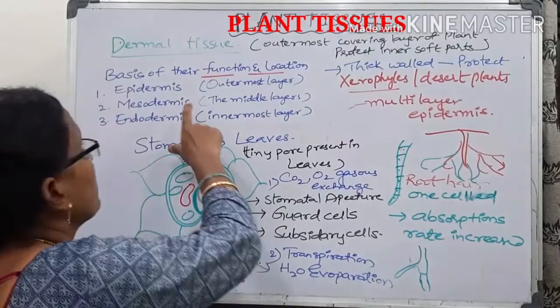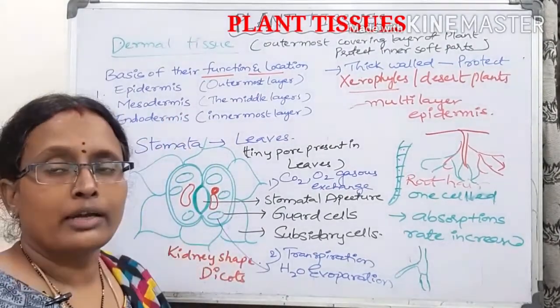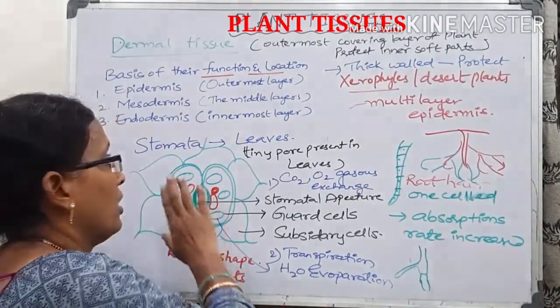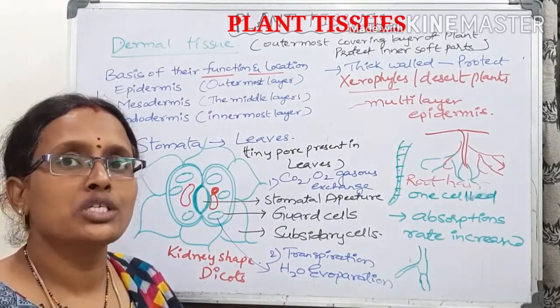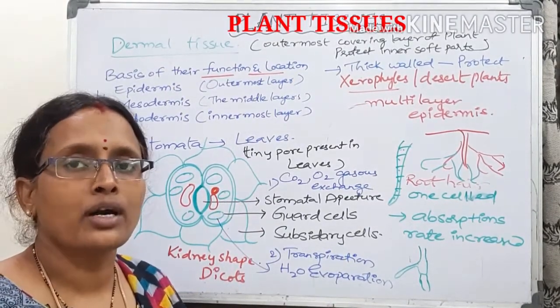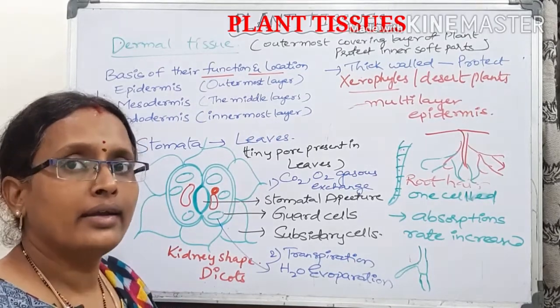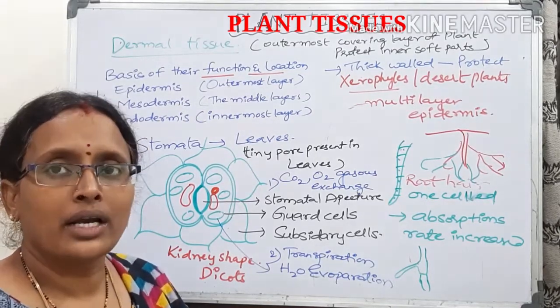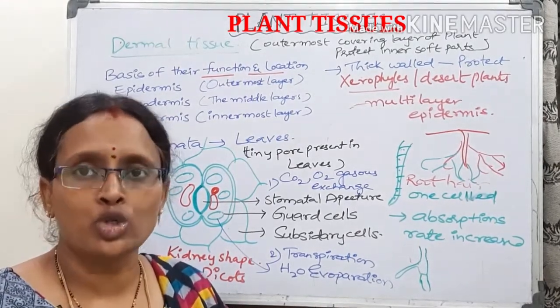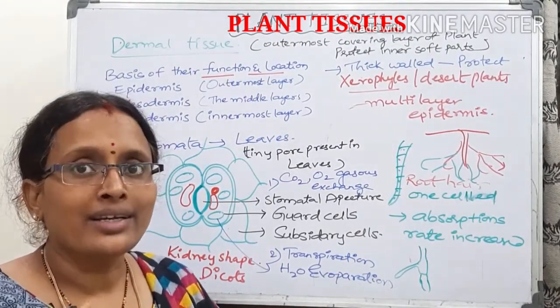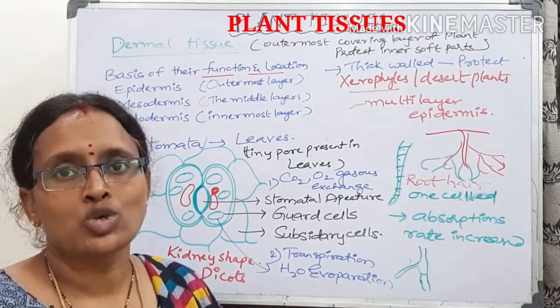So we are talking about epidermal tissue. Dermal tissue is the covering layer which protects the innermost parts of plants, and it is epidermis, upper layer, mesodermis, middle layers, and endodermis, innermost layer. And stomata is also present in the epidermis only.